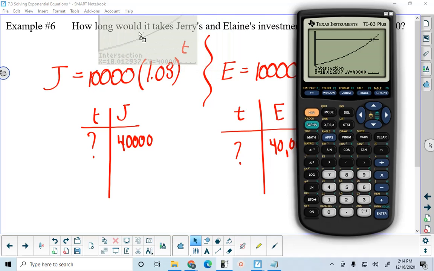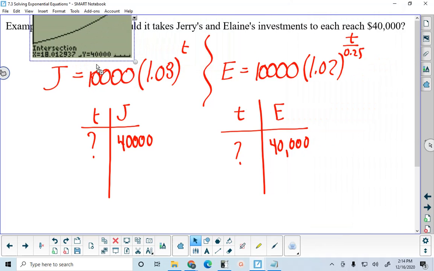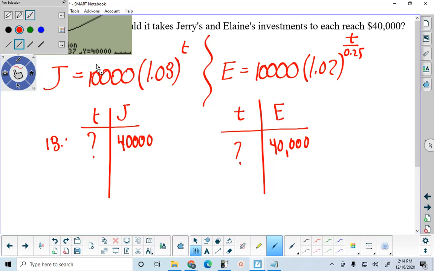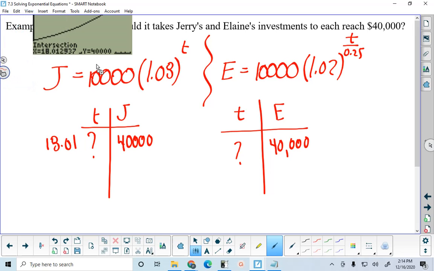Well, let's deal with it. What should I write for an answer? How should I round this? I wasn't told how to round it, but I need to round it a certain way if I'm going to get the question right. Exactly, I got to go 19.